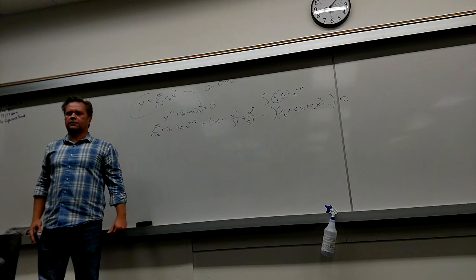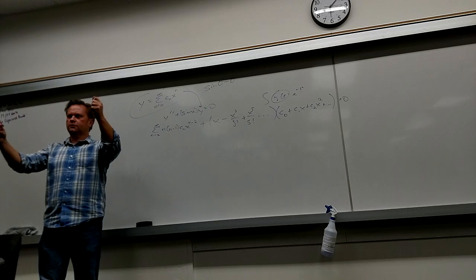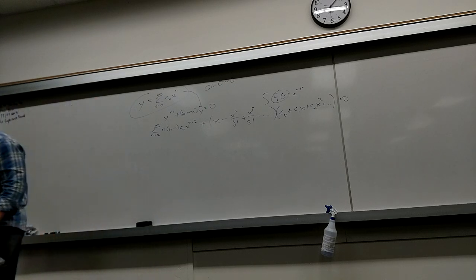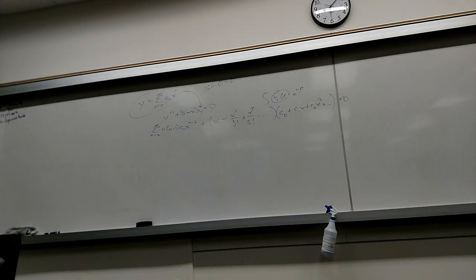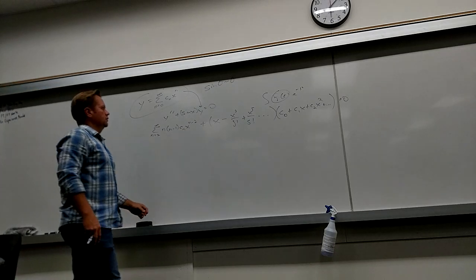This is where you start to consider turning your paper sideways. I didn't show every step for all of these, so if you need to see them, I could show you. Okay.